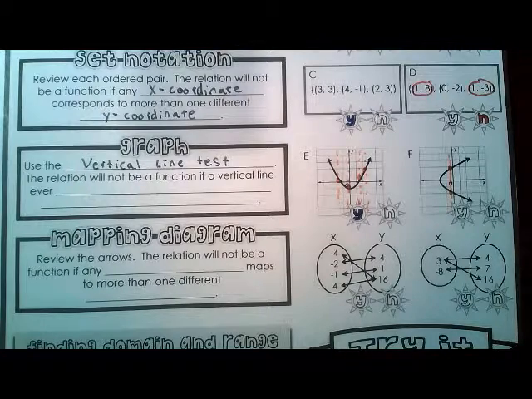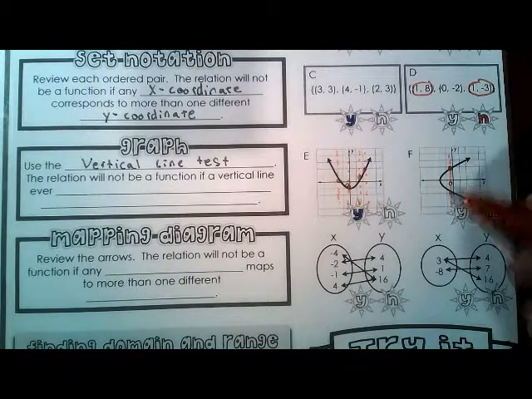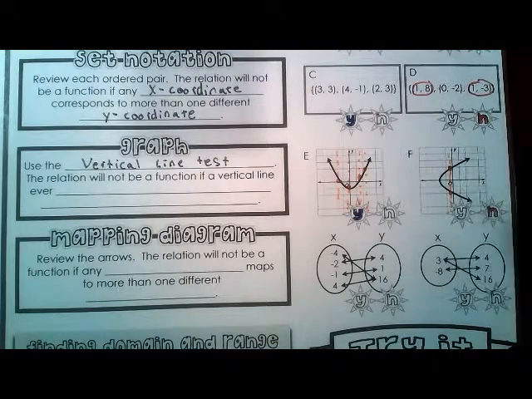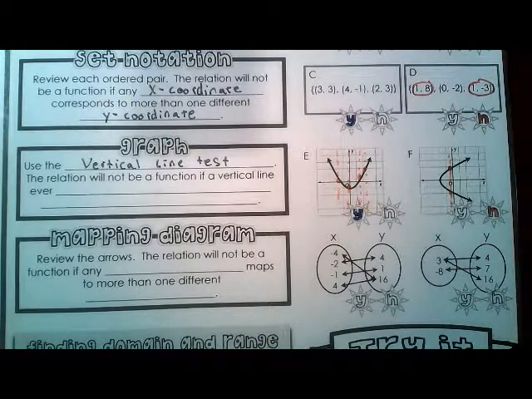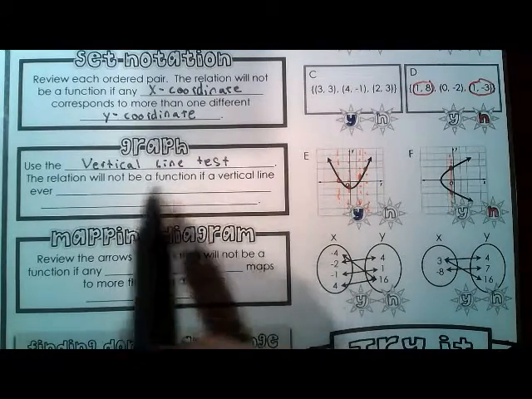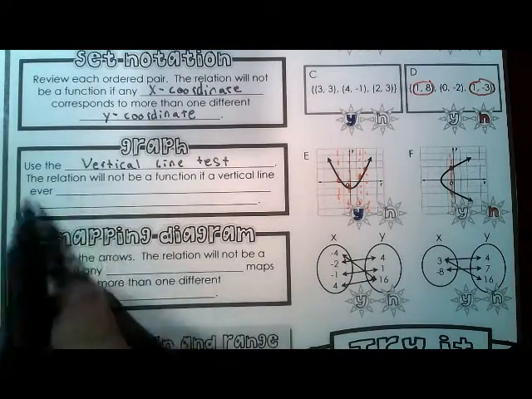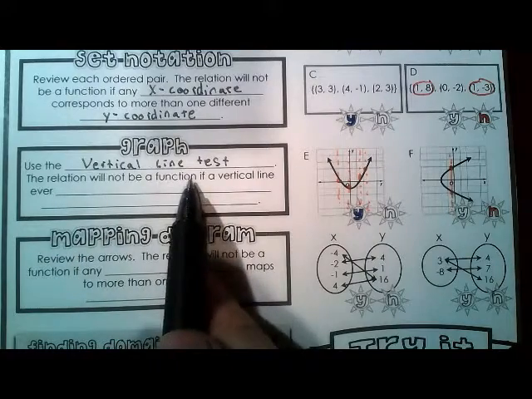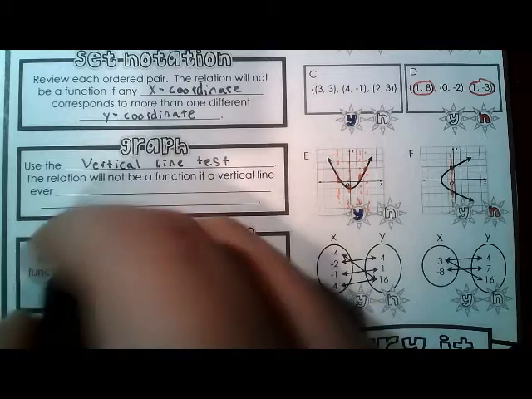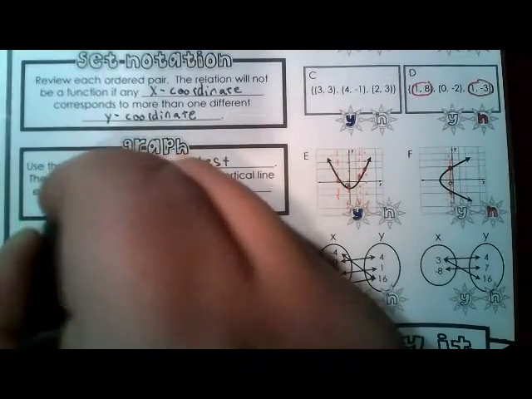Okay. Now this one, right, this one's not a function. And it's not a function because when we do the vertical line test, the relation will not be a function if a vertical line ever passes through more than one point.